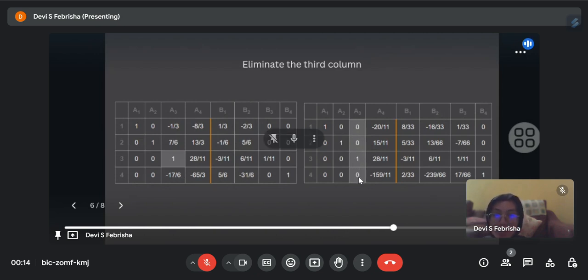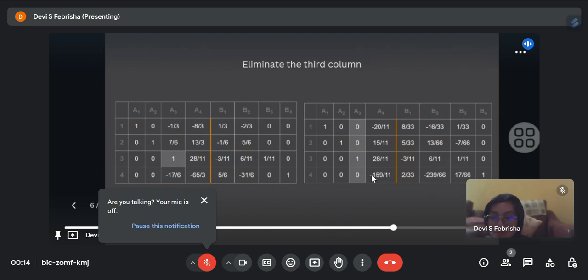Okay, so this is the result. We have already turned this into 1, and the rest is divided by 11. And then we're going to change this and this into 0, also by using OBE, like this.